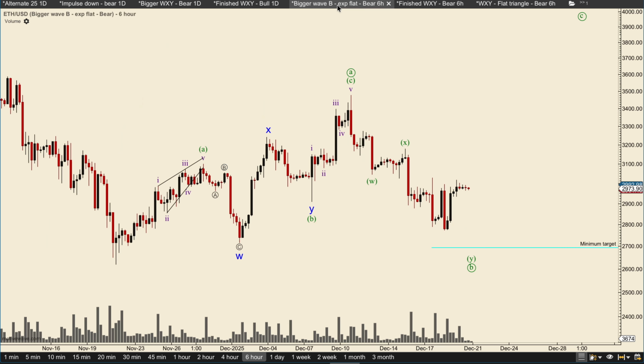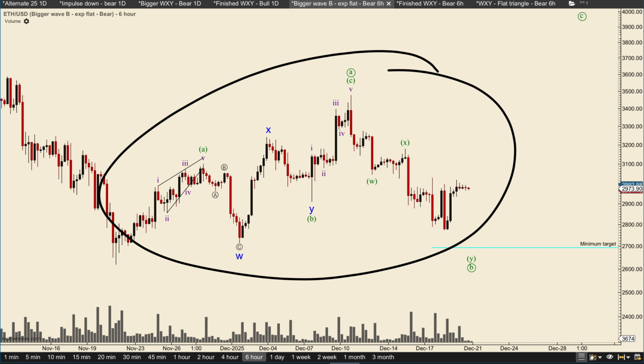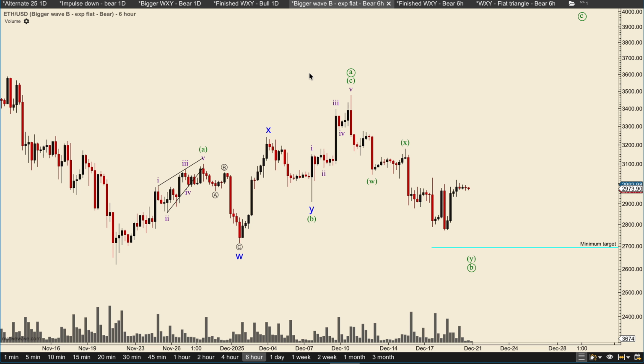So if we zoom in a little bit on this, the recent price action, the consolidation phase that we have been in now for quite some time, you have a few different options you can count this. So A, W, X, Y into a B, and then C to finish a wave A. But in order to finish a wave A there, you need to reach at least this minimum target for a wave B regular flat at 2693.